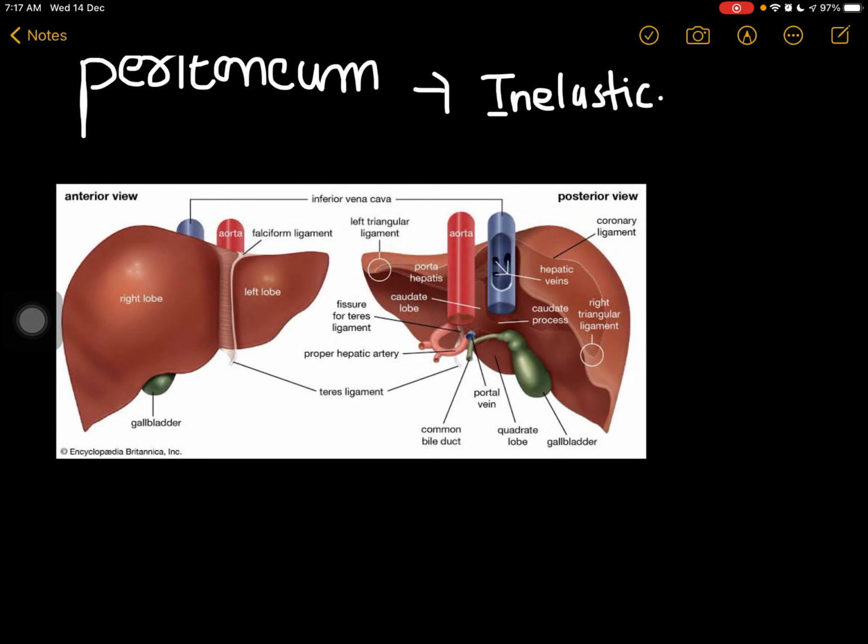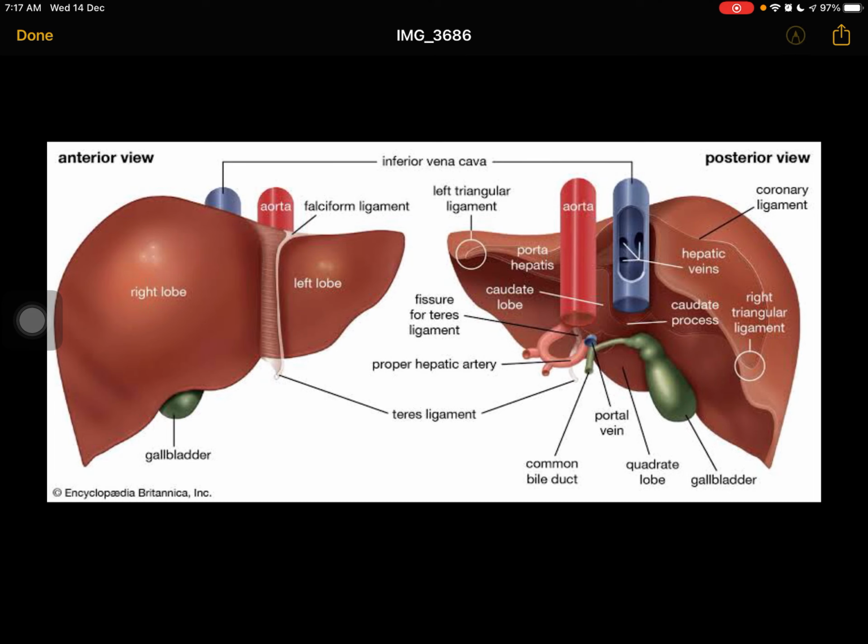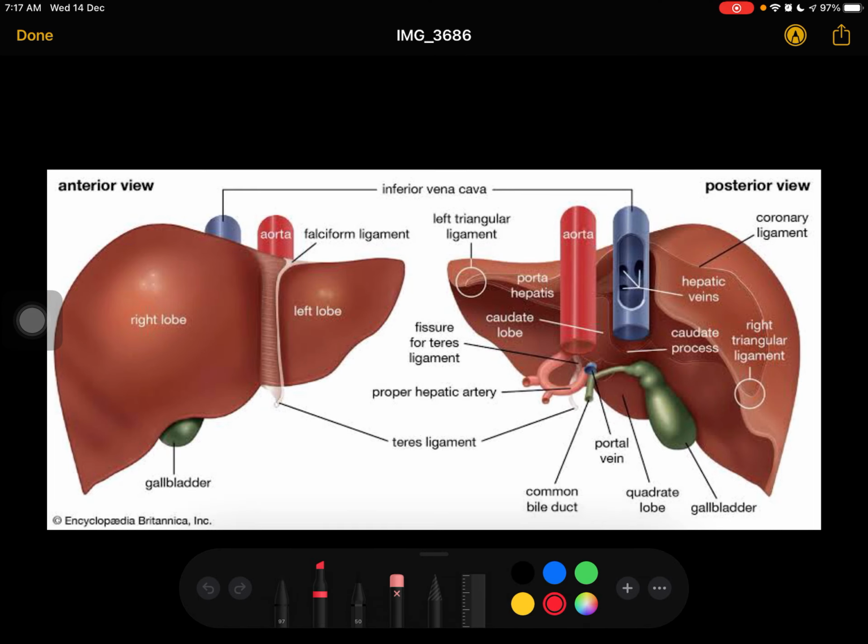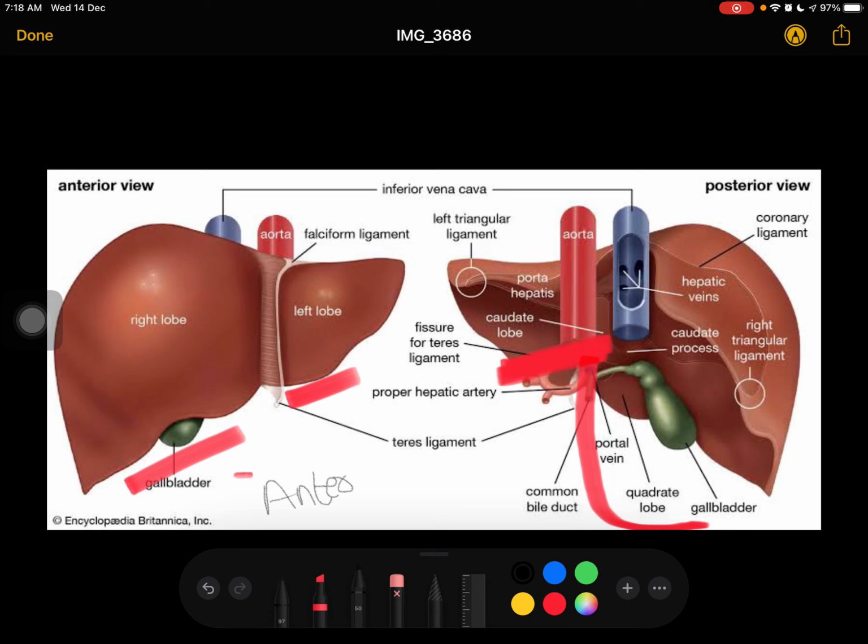Okay, as you can see in the given diagram, this is the right lobe, this is the left lobe, right? So here you can see this region is known as quadrate lobe, and here it is caudate lobe. This is the anterior side and this is the posterior side, right?